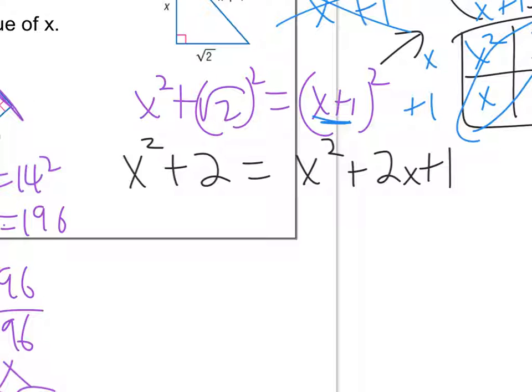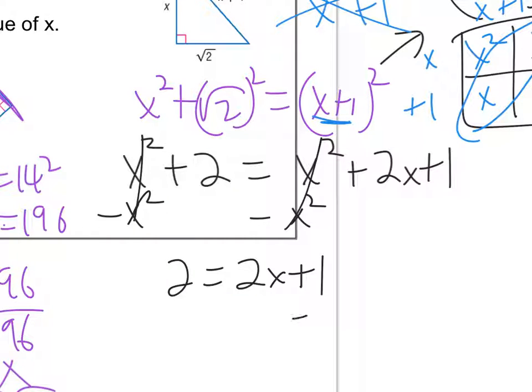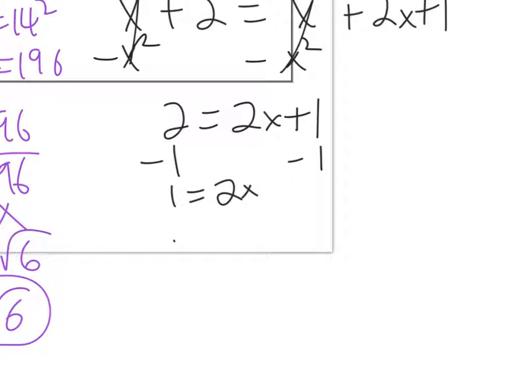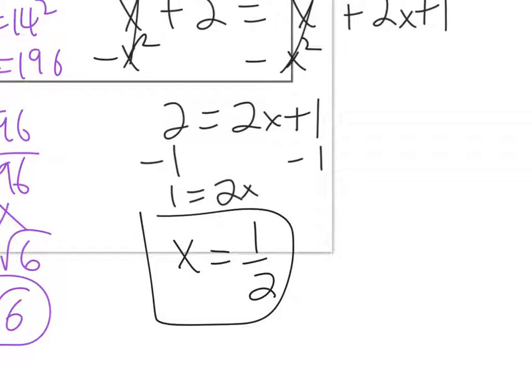So now it's coming to solving. If you're worried about the x squared, don't worry because it goes away. Bam, bam. So 2 equals 2x plus 1. So subtract 1. So hopefully you get an answer of 1/2. So there's my answer, 1/2 for that problem.